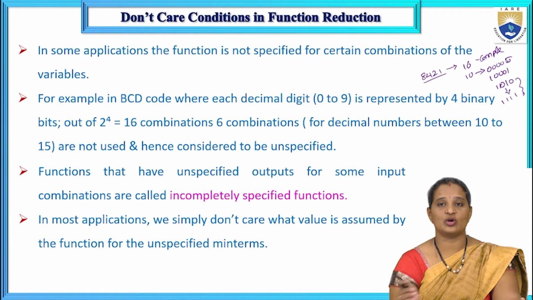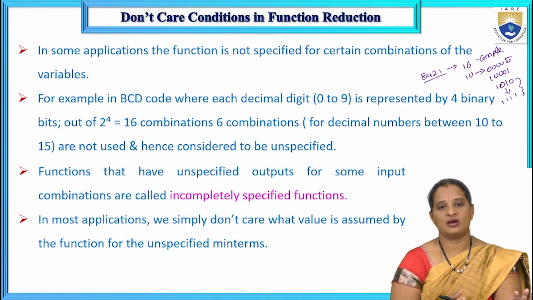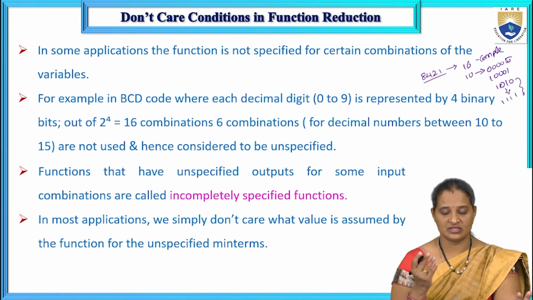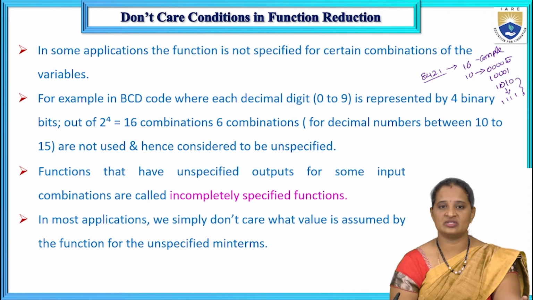So these are unused combinations in BCD. Why only 10? Because we are only coding the decimal digits. How many decimal digits do we have? 10. So that is why I need only 10 codes. That means in order to code the decimal digits into binary, I require only 10 combinations, whereas the remaining 6 combinations are unused, or we can also call them unspecified combinations.